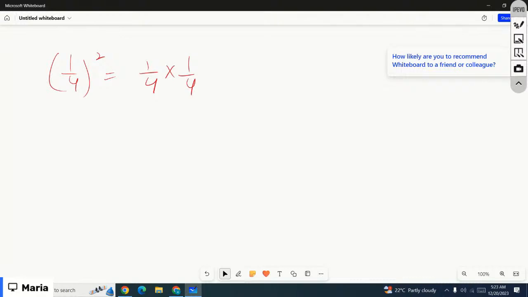Consider 1 by 4 as a single term, right? So you have to calculate its square. You can do 1 by 4 times 1 by 4. Multiply the numerator times numerator, that would be 1 times 1 is 1, and 4 times 4 is 16, right? So whatever exponent you are given or whatever fraction you are given, you need to multiply the whole fraction, the exponent number of times, right?